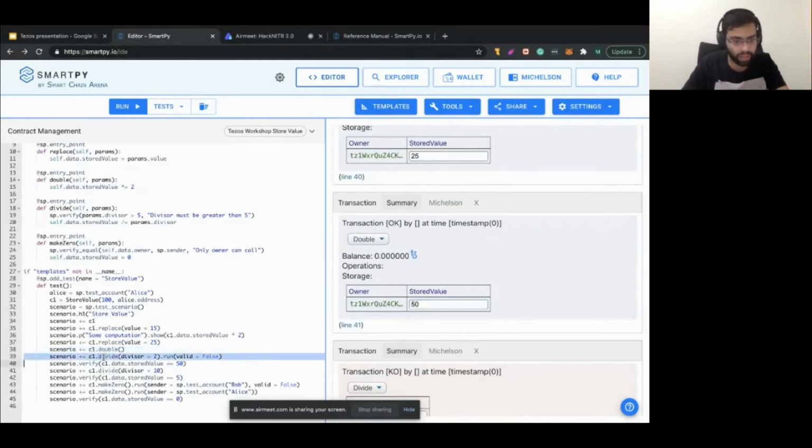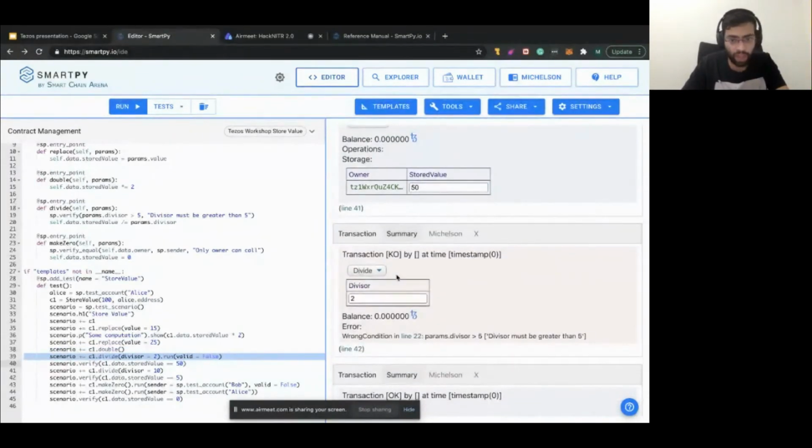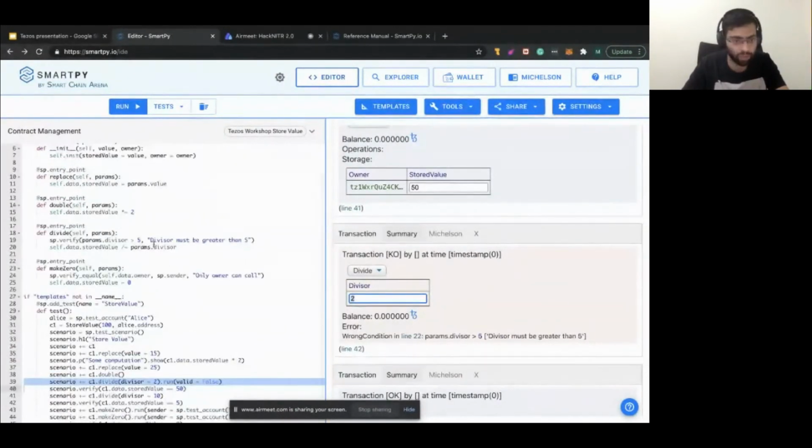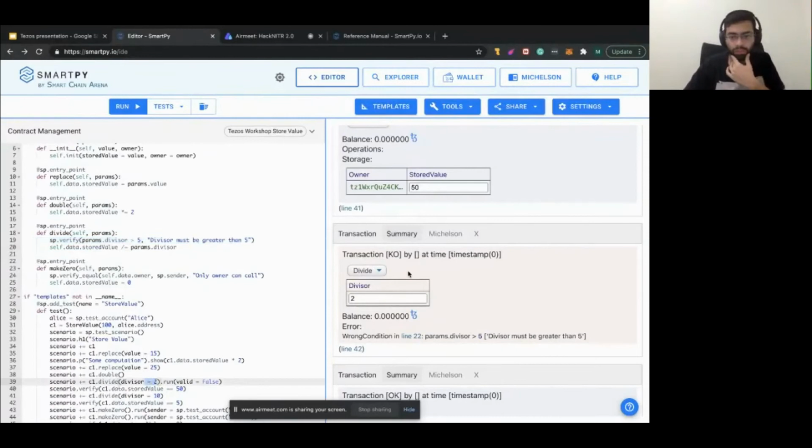And then I did a divide here, right? In line 31. So there should be a divide, and there is a divide. I divided it by 2. As you would remember, we had a verify clause which said that the divisor has to be greater than 5. It cannot be less than 5. So we've put in a divisor 2 here, right? So it's supposed to fail.